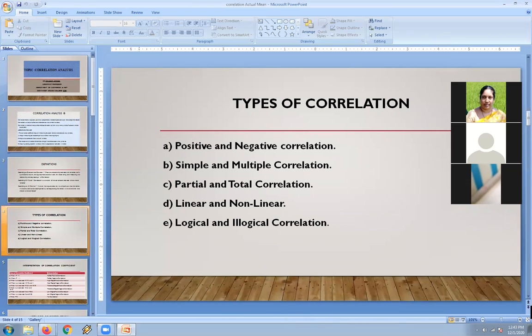Let us go for the third one, partial and total correlation. In partial correlation, there are more than two variables, but the relationship of only two of them is studied. In multiple correlation, all the variables are under our study, but in partial correlation we consider only two variables, a part of the variables.